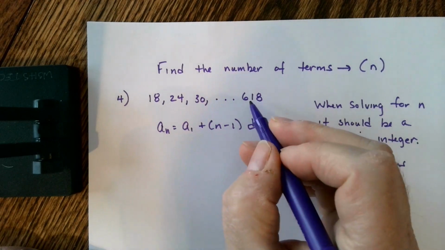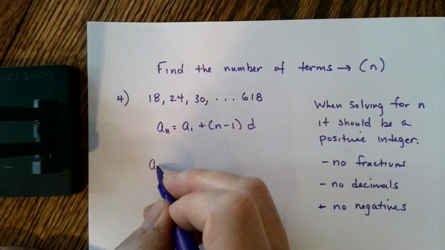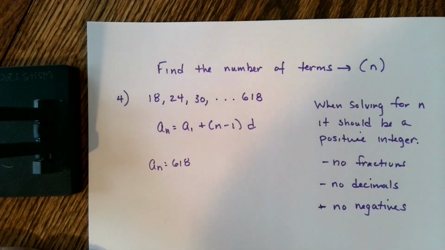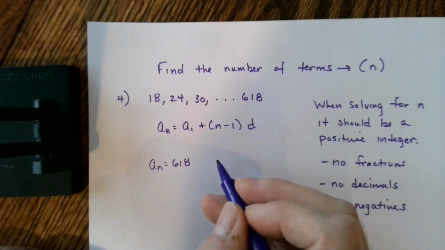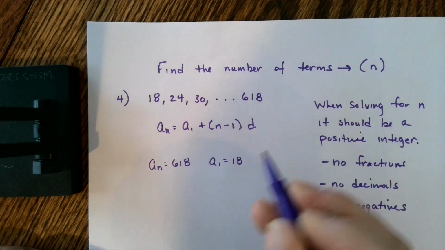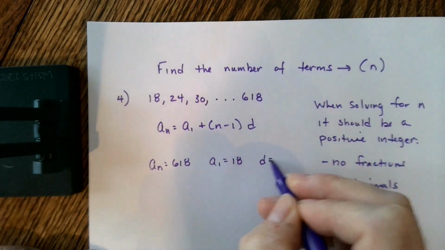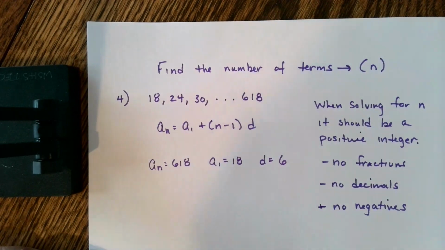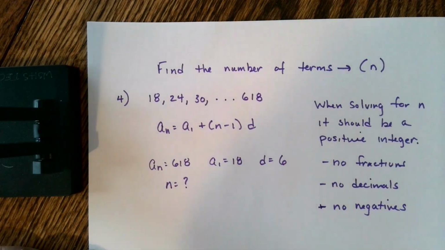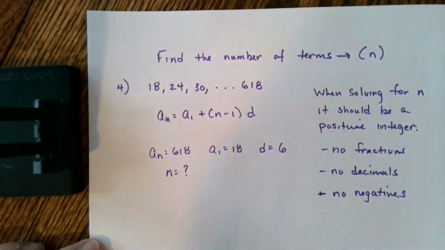Well, 618, that's my last value, or my last term. 18 is my first term, and I just found the common difference by observation to be 6. So I have everything I need except for n. I don't know what n will work out to be. Can I figure it out?